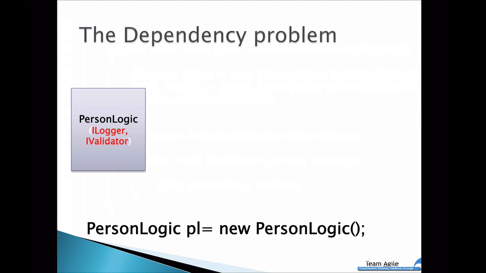In this case, person logic, maybe or storage, takes 2 interfaces. So now in the code, everyone who uses person logic has to create 2 objects in order to create person logic. That's easy. But what if to create a logger, you also need to create another couple of objects, because each object has its own dependency?